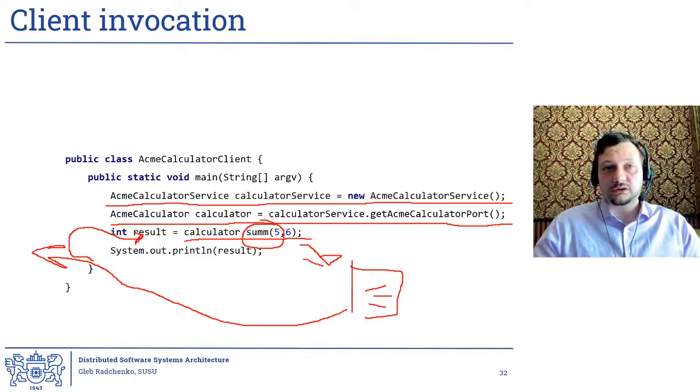So in this lecture, we discussed the basics of the two web services approaches. First is JSON-RPC, and the second is XML Web Services.